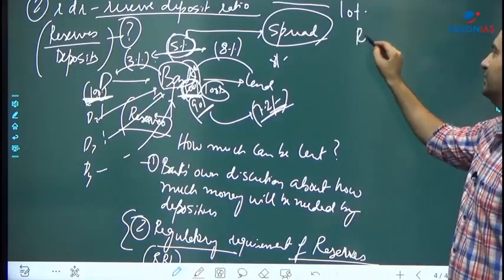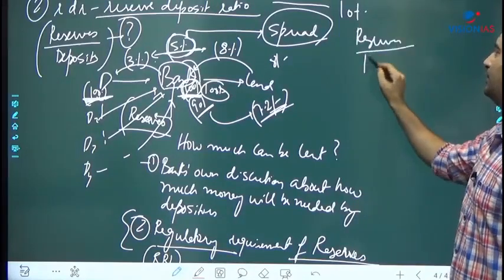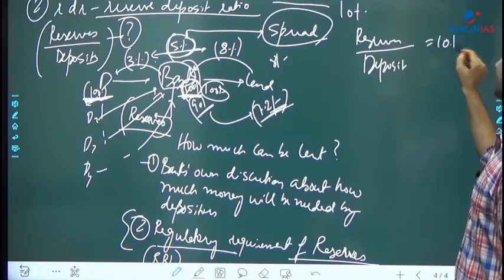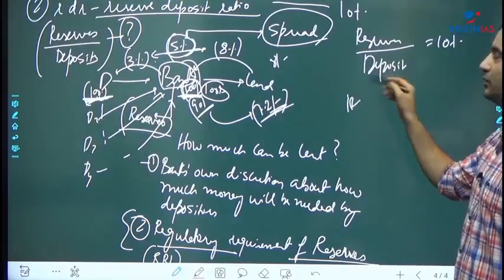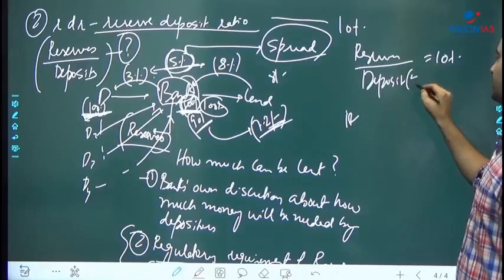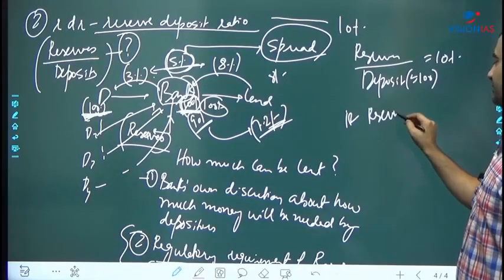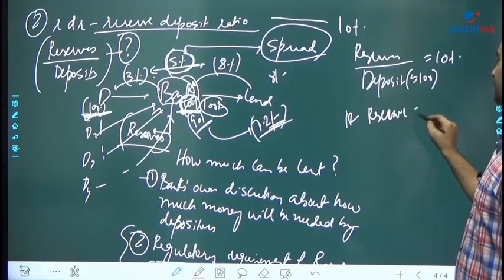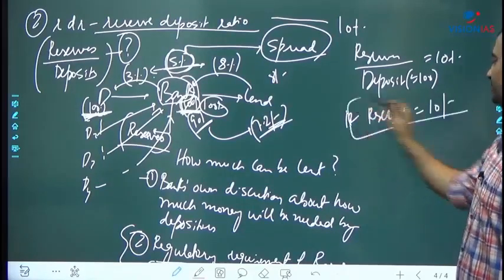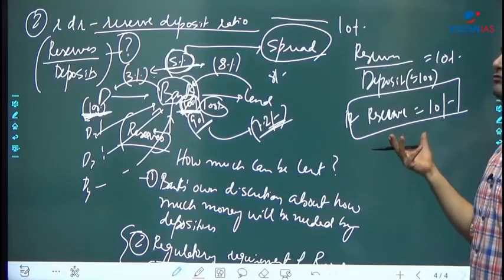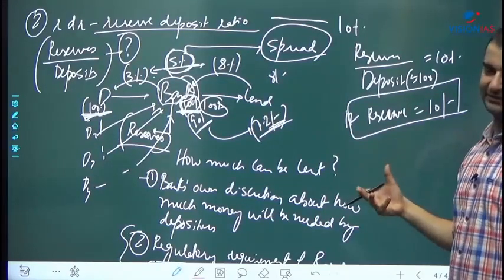That reserves upon deposits is equal to 10%. If deposits are equal to 100 rupees, reserve is equal to 10 rupees. 10 rupees of money has to be set aside in the form of reserve by the banks.